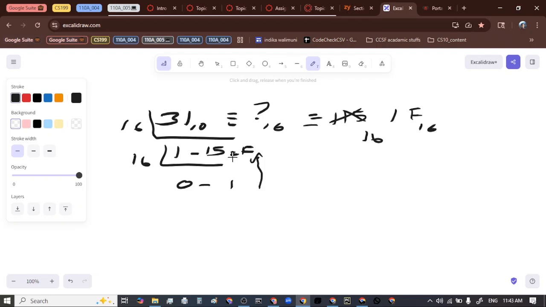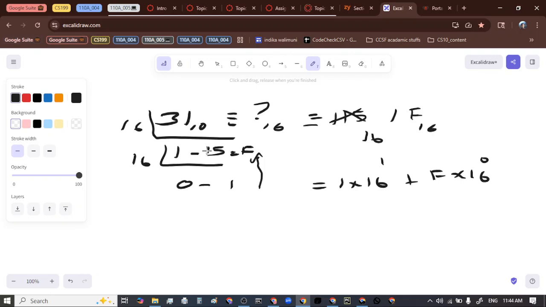So now we know how to convert from decimal to hexadecimal, and let's try to convert hexadecimal back to decimal real quick. We should get 31. So it's 1 times 16 to the power 1 plus F times 16 to the power 0.